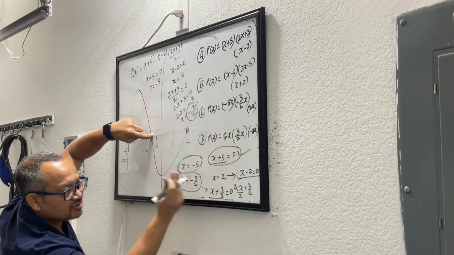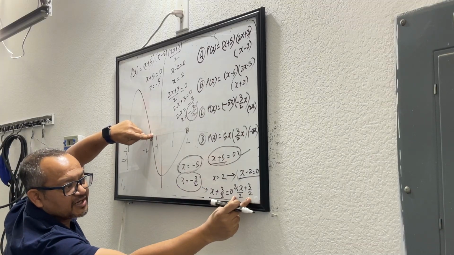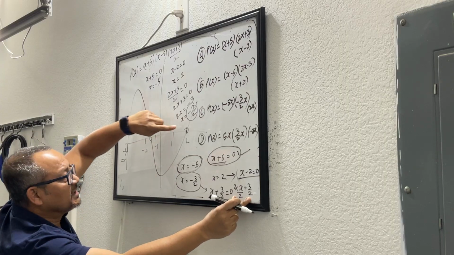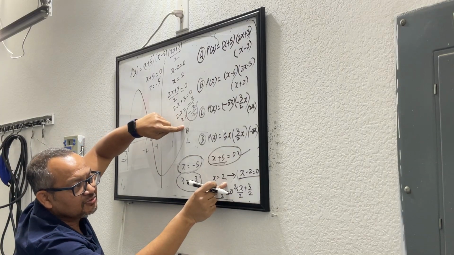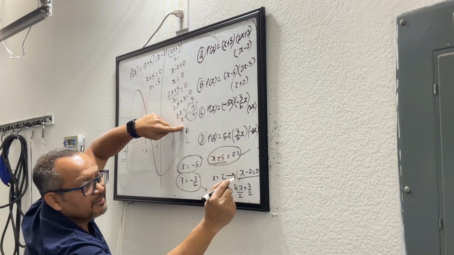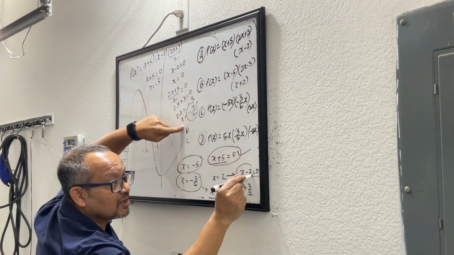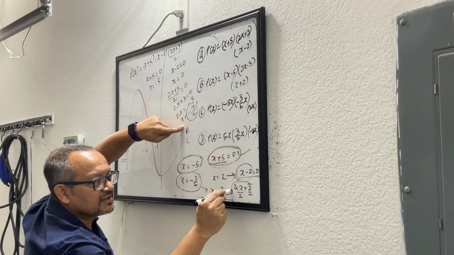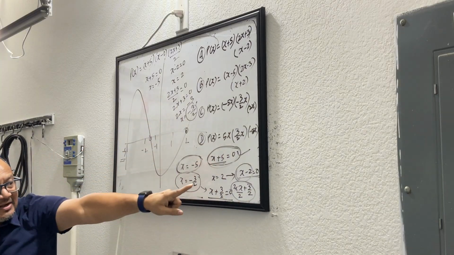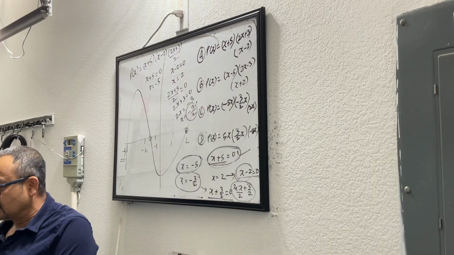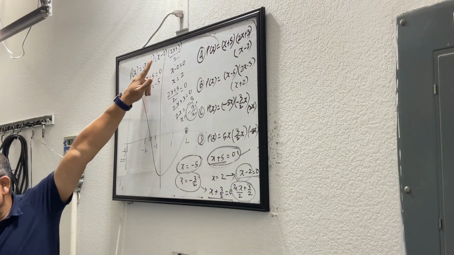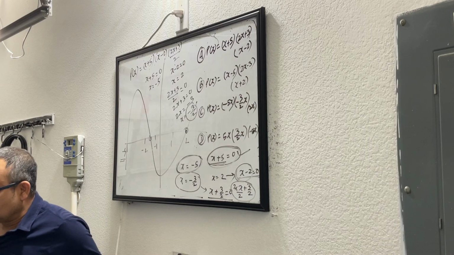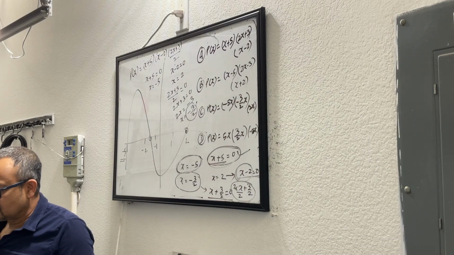When we brought the number to this side, it became 2x plus 3 by 2 equal to 0. When x is equal to 2 was the third scenario. When I brought the number on this side, it became x minus 2 equal to 0. This is what we were trying to find out. These are the three scenarios when one of the factors could become 0. And that is essentially the basic premise of a zero of a polynomial.